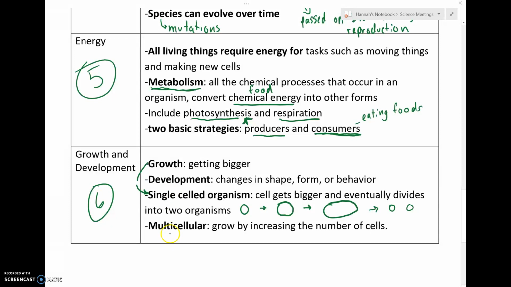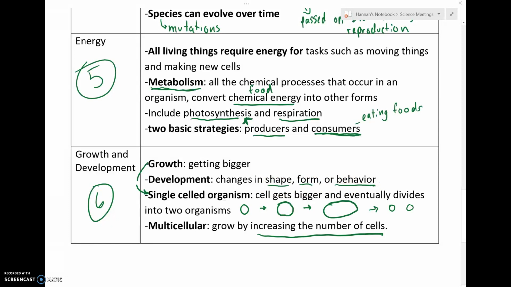But a multicellular organism, like a human, like a dog, would grow by increasing the number of cells that it has. So it would start off at birth with a certain number of cells, and then as it grows, those number of cells will increase. So that's about growing. Developing is changing in shape, changing its form, changing its behavior.